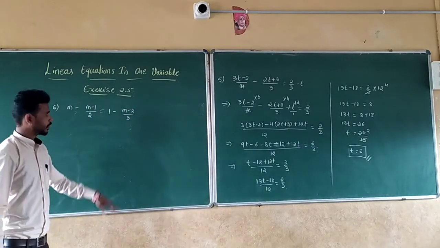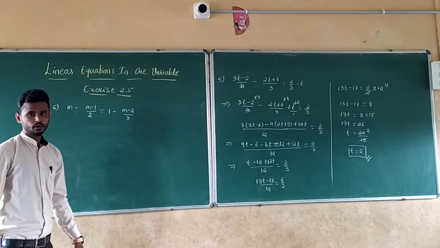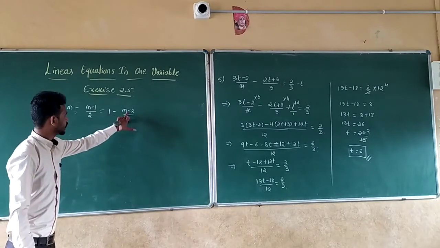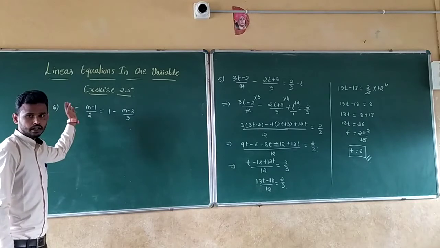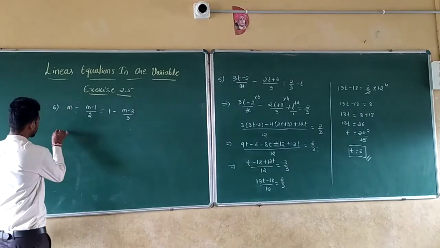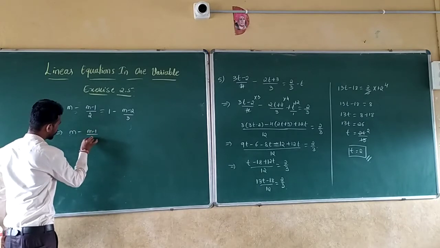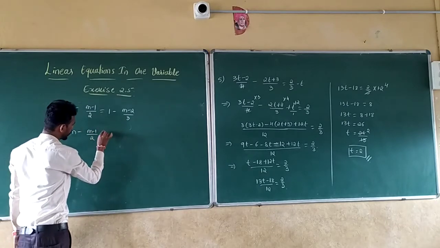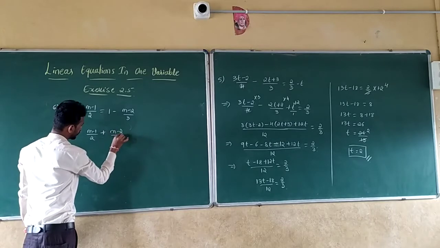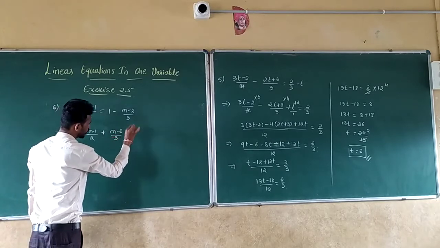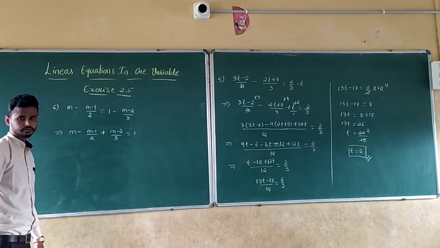So here also first make the variables on one side, means bring minus (m minus 2) by 3 to the LHS, that will become plus, means (m minus 1) by 2 minus will become plus (m minus 2) by 3, which is equals to 1.